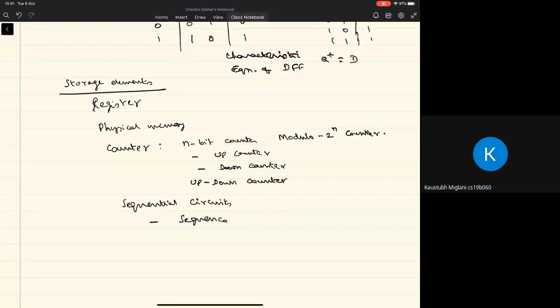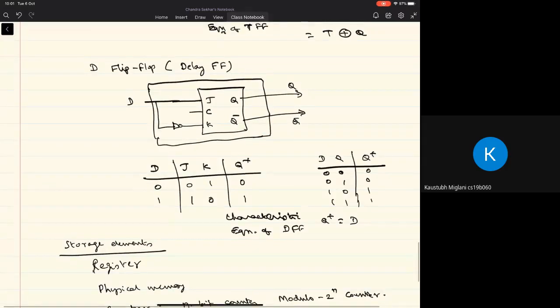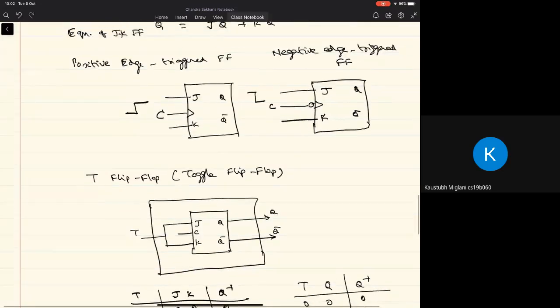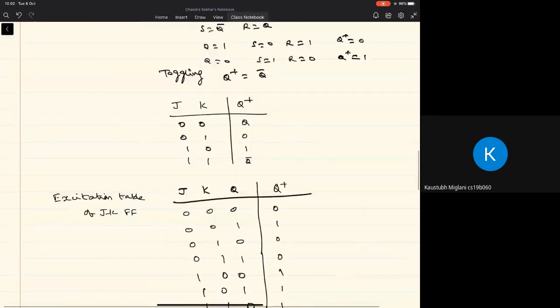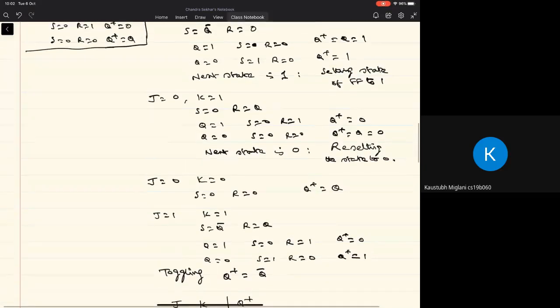So in the last couple of classes, we've been looking at the basic elements of sequential circuits, which are called flip-flops. We have looked at the different kinds of flip-flops, starting with the set-reset or SR flip-flop, then modifications of that leading to the JK flip-flops. JK flip-flops act in the following fashion.